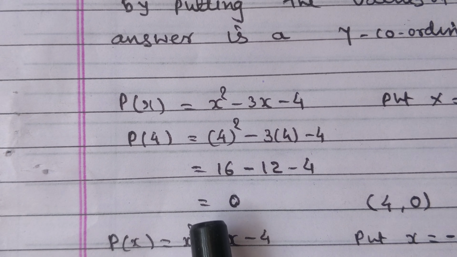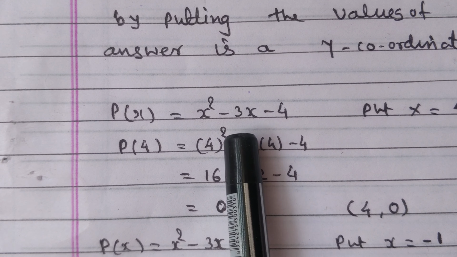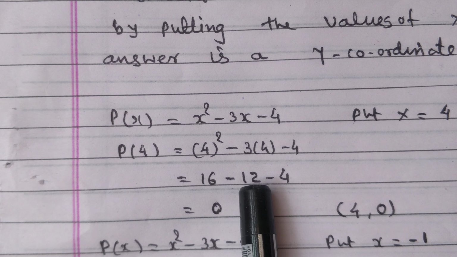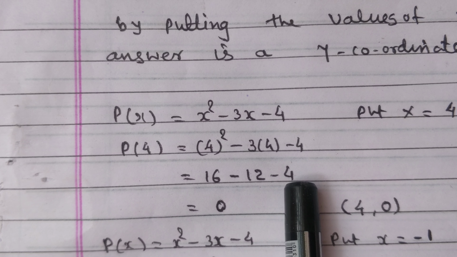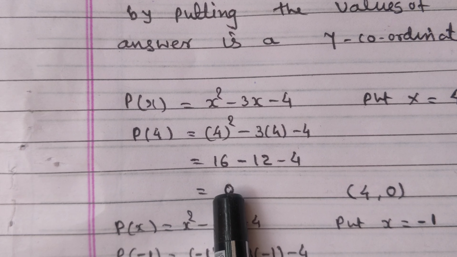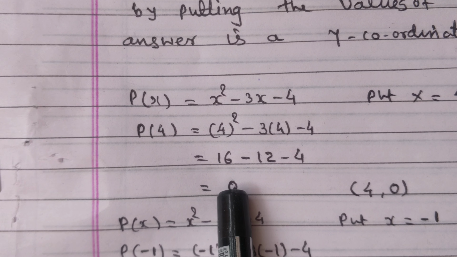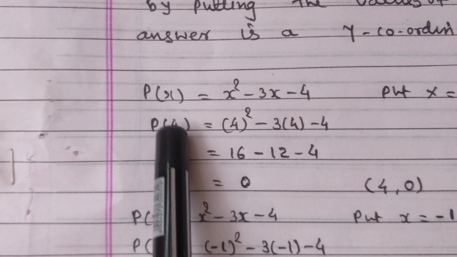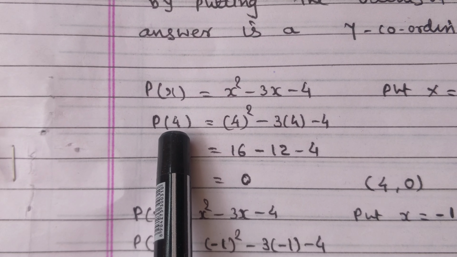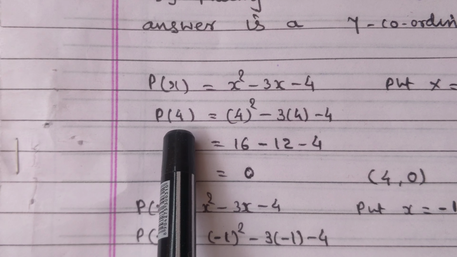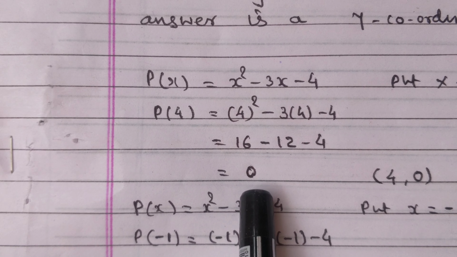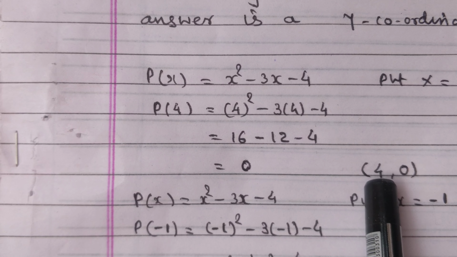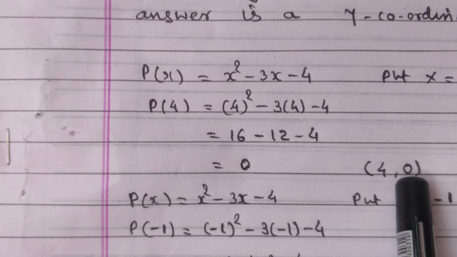So 4 square is 16, 3 times 4 is 12, minus 4. 16 minus 12 is 4, and 4 minus 4 is equal to 0. So this is the answer, the y coordinate. The value we put, x is equal to 4, is the x coordinate, and the answer we get is the y coordinate. So x is equal to 4 and y is equal to 0.